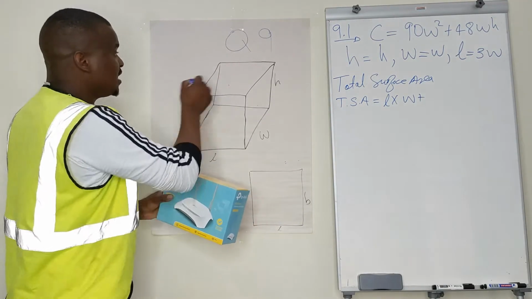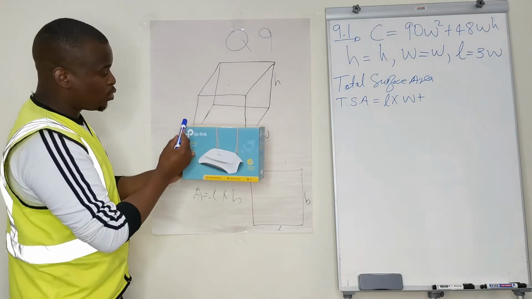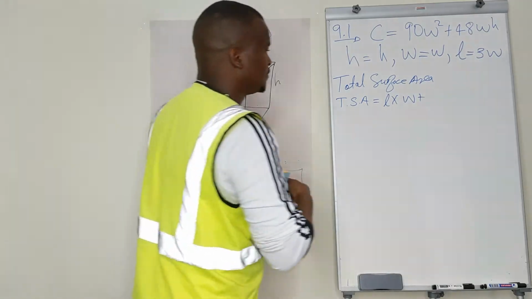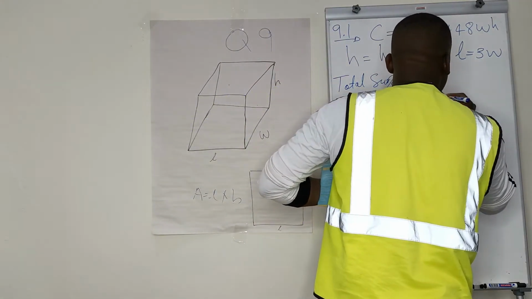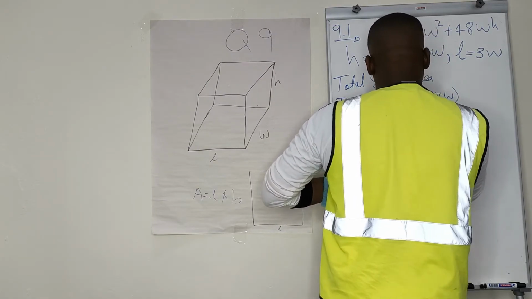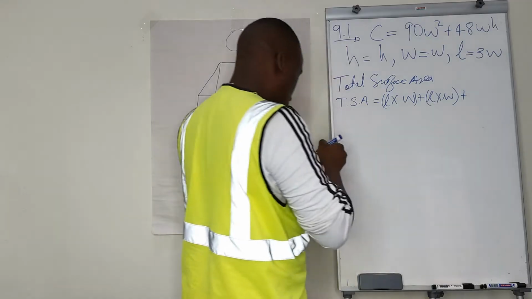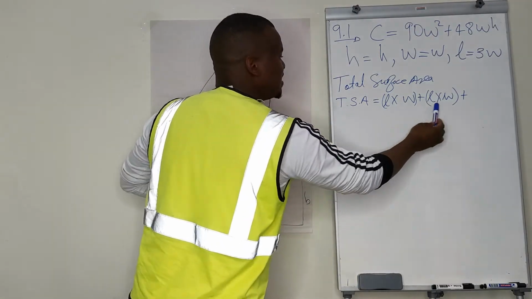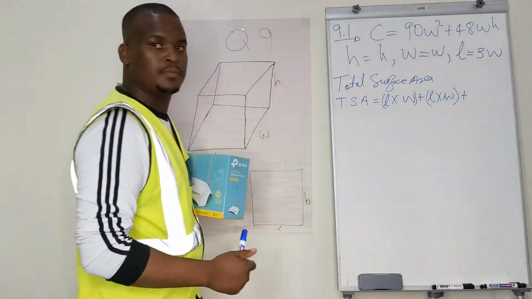The top will also be length times width. So this is your area for the base, this is your area for the top.